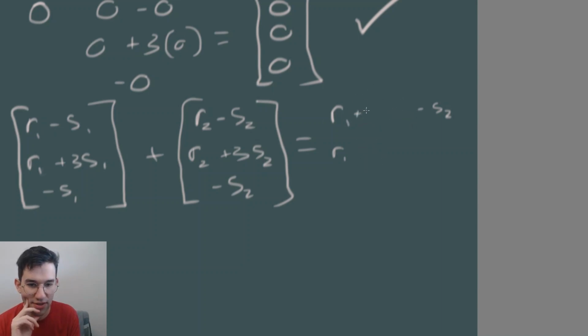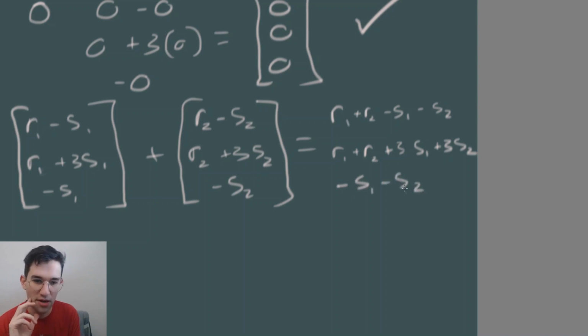R1 plus R2 minus S1 minus S2. R1 plus R2, capital R2, I'm losing it, plus 3S1 plus 3S2, and last and least, S1 minus S2.